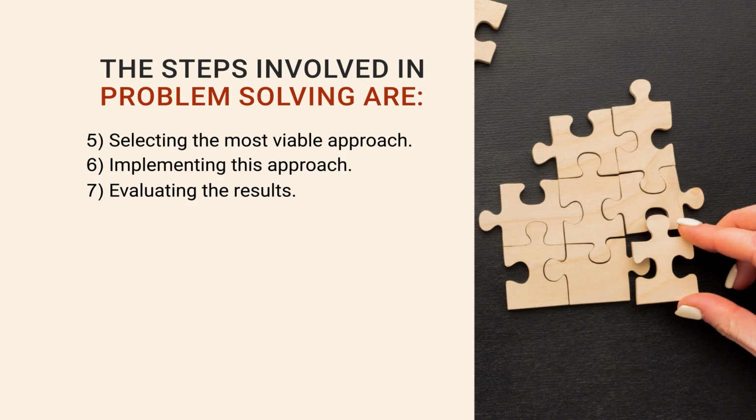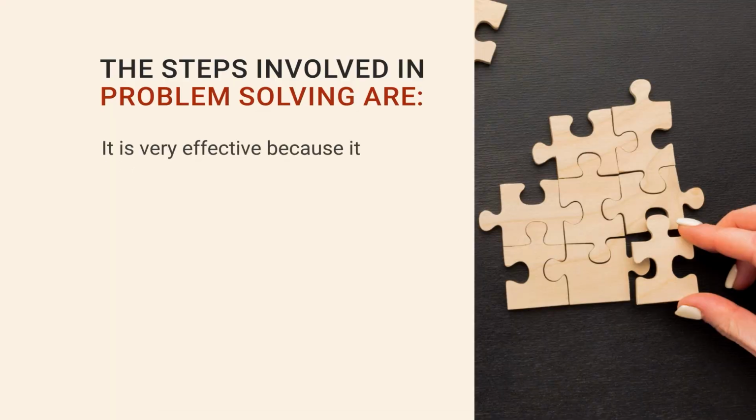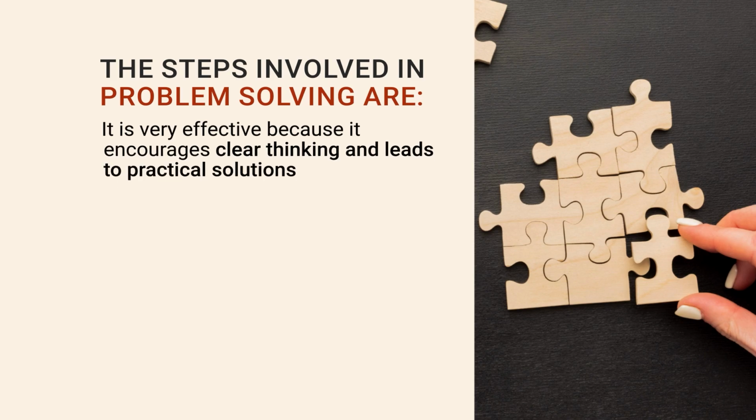Next, evaluating the results. And next, after this, returning to an earlier step if the results remain unsatisfactory. So, the cycle of these steps is going to be repeated again. It is very effective because it encourages clear thinking and leads to practical solutions.